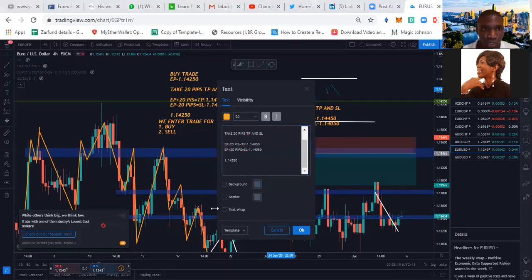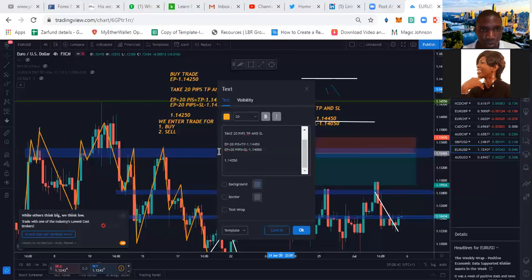Okay, so for the take profit, the entry price is what? 1.14250. Okay, so we remove the decimal place. Now to calculate the take profit, we subtract 20 pips from the entry price. So subtract 200.